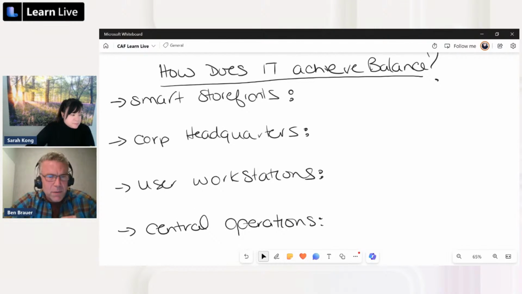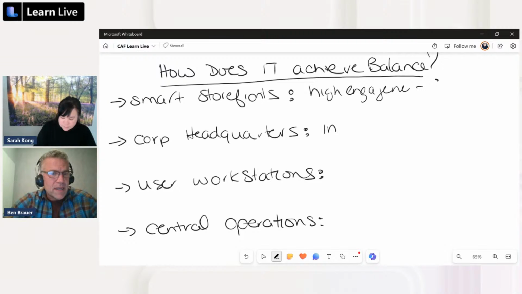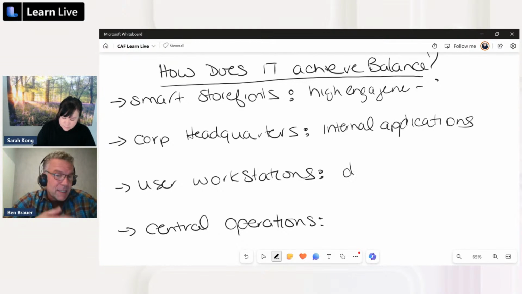They've got smart storefronts, which is high engagement with their customer base. They have corporate headquarters, which are mainly internal applications. They have user workstations, where they're already doing things like virtual desktop solutions. And they have their central operations, which is their IT operations, and actually not just IT, but IoT and OT applications.